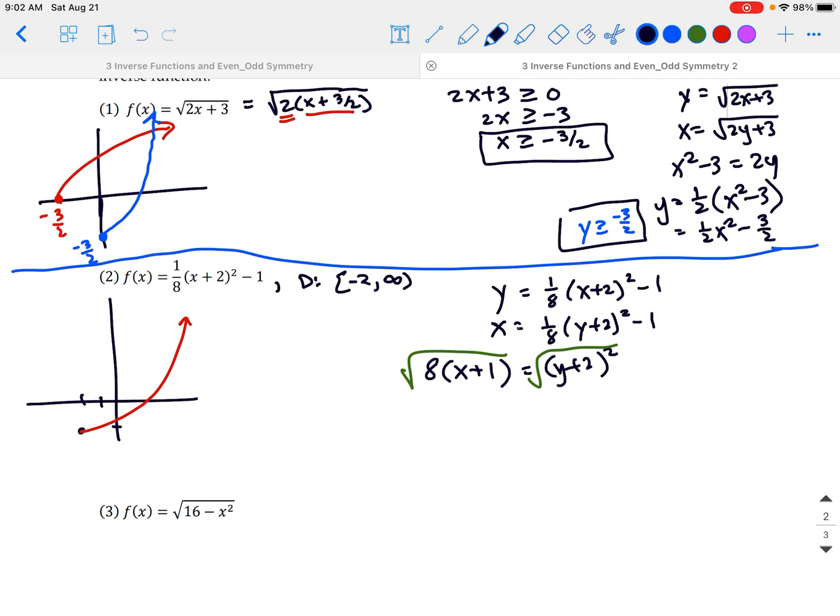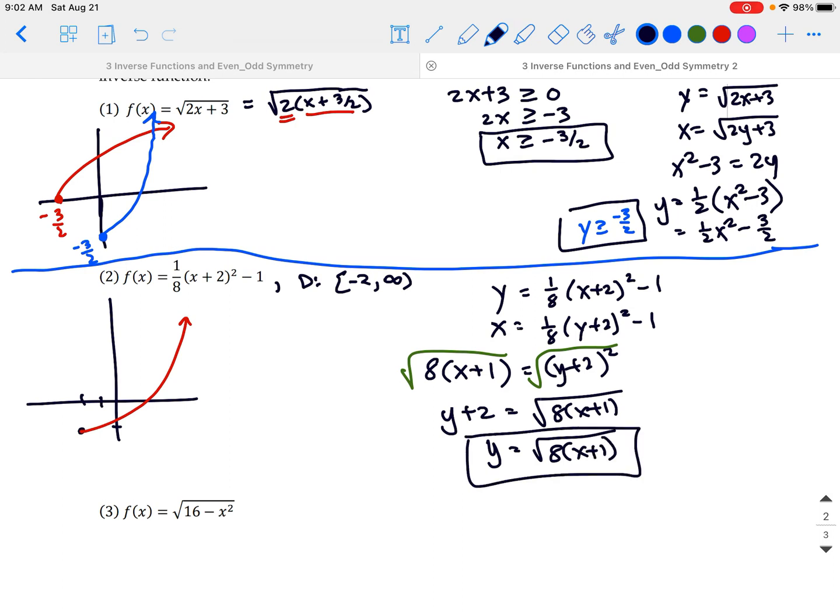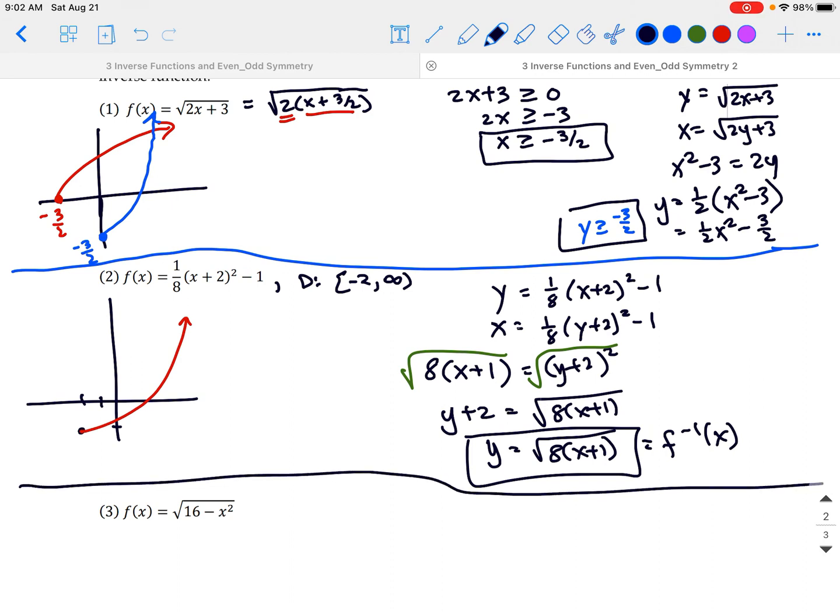And because we have a domain of negative 2 to infinity, it'll be all the non-negative values of y plus 2. So we don't have to worry about plus or minus. I'm going to swap the order here. So y plus 2 is equal to the square root of 8 times (x plus 1). And so then y is going to equal the square root of 8 times (x plus 1) minus 2. So that's going to be equal to our inverse function.